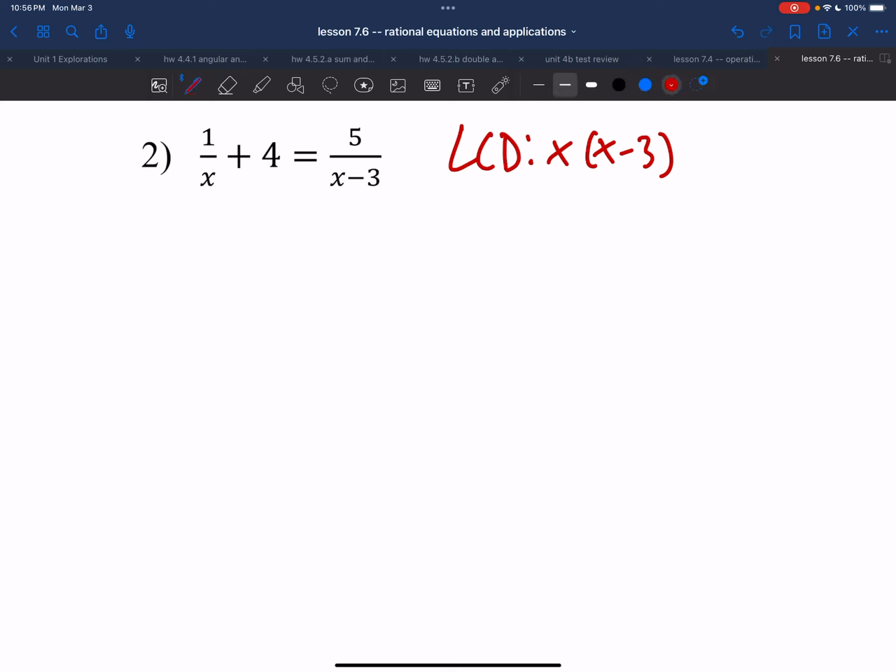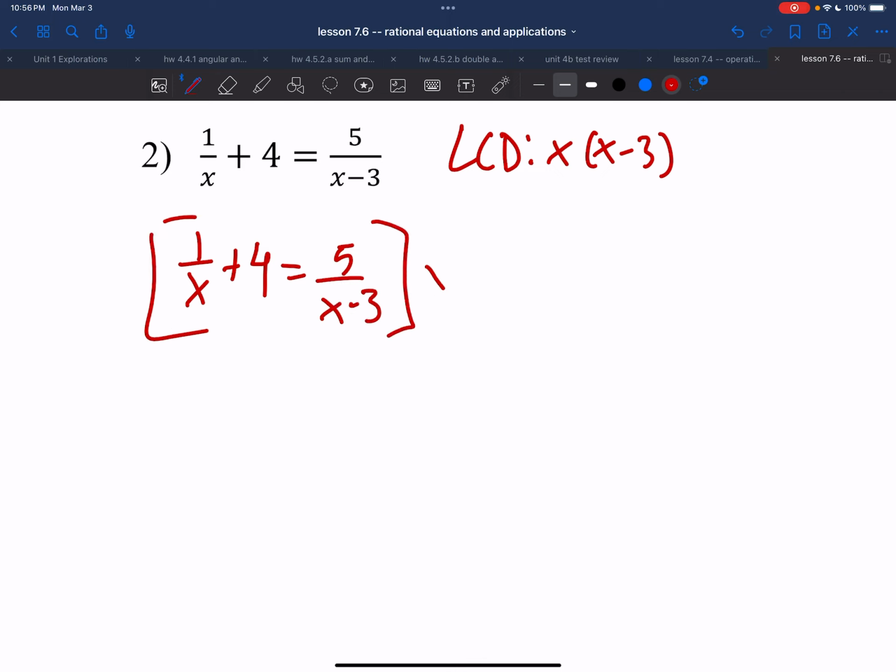Okay, so now we're going to take this expression and multiply it by the LCD, the least common denominator, and I'll just think what cancels. So for the first fraction, 1 over x, the x's cancel, and you're left with 1 times x minus 3. So I'm not even going to write the 1. I'm just going to say it's x minus 3.